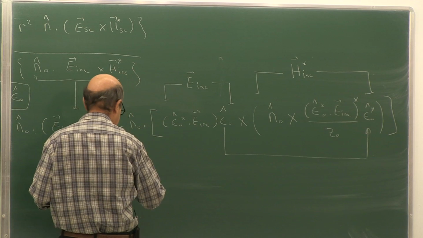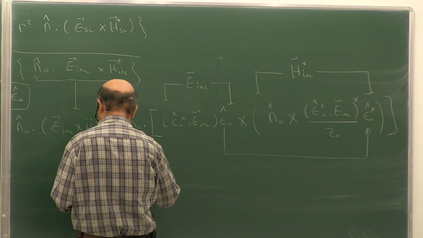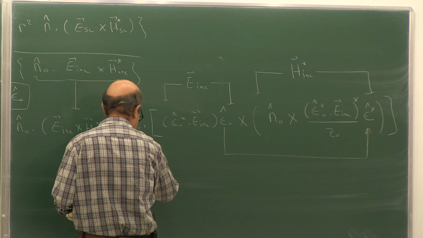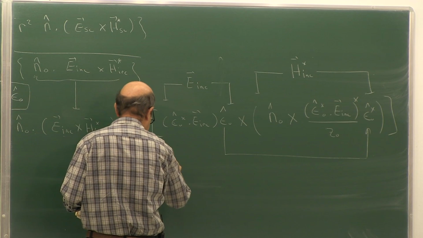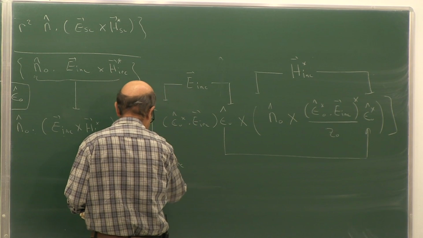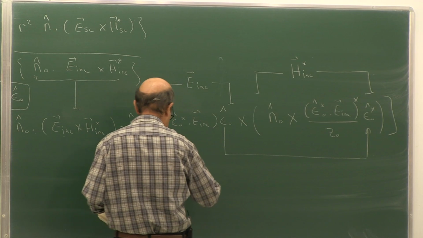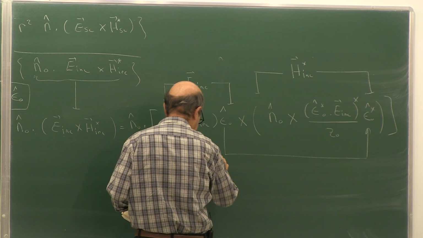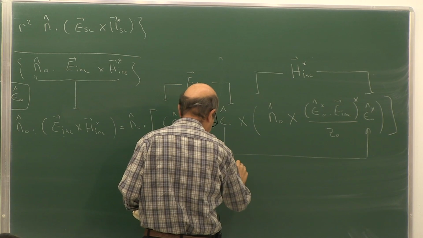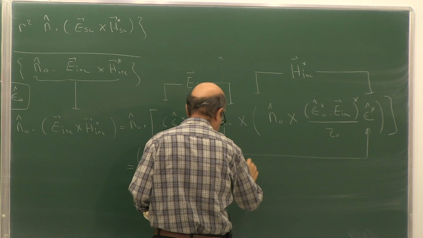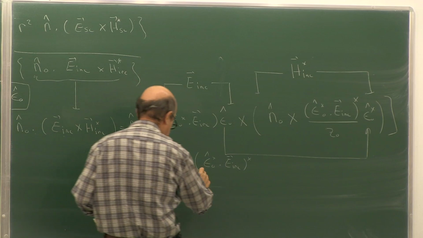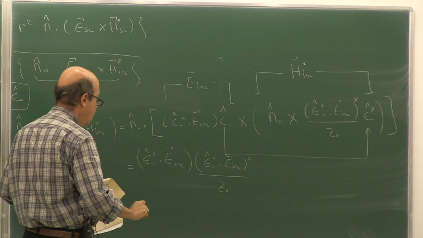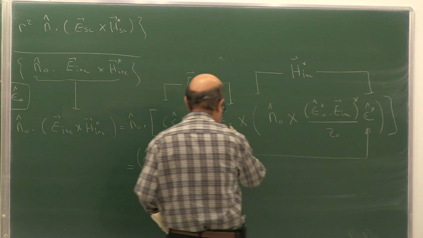So you will obtain epsilon 0 complex conjugate E incident times epsilon 0 complex conjugate E incident complex conjugate, divided by the impedance of free space, and epsilon 0.